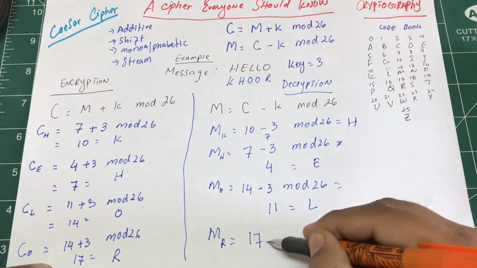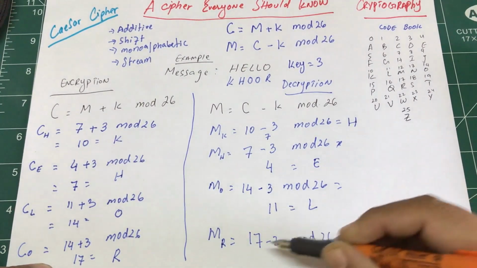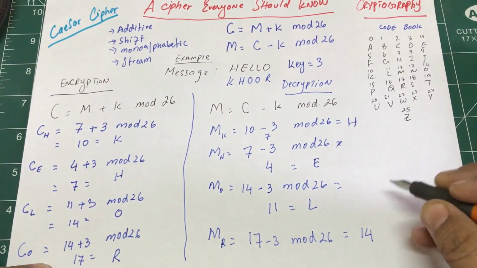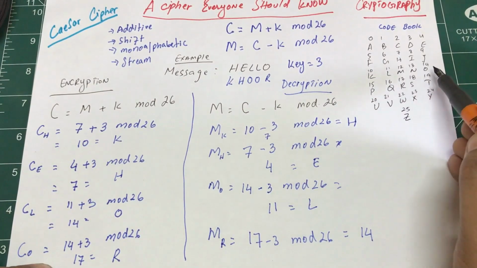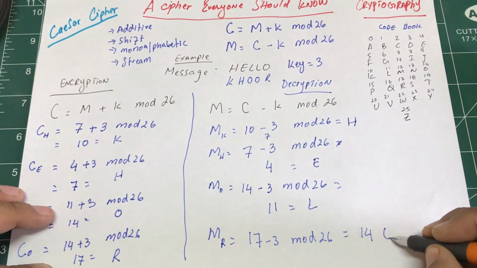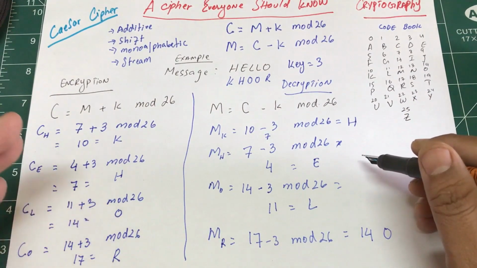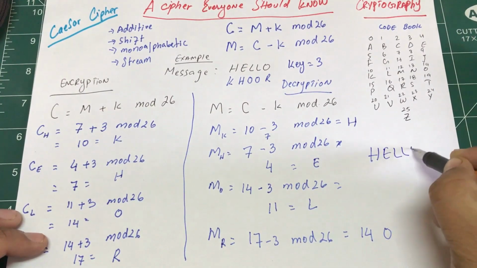So 17 minus 3 mod 26. 17 minus 3 is 14, mod 26, I'll get 14, and this has a value of O. So once your encrypted message is decrypted, it becomes HELLO.